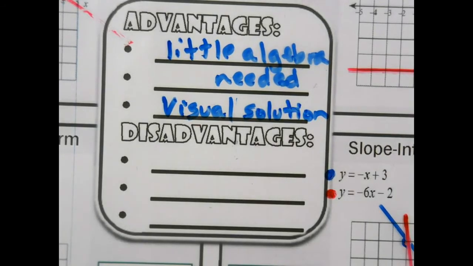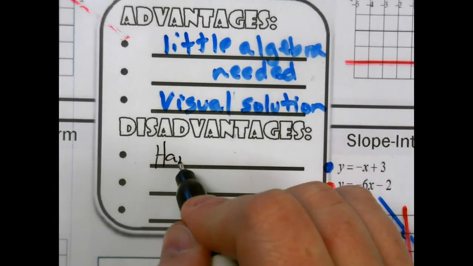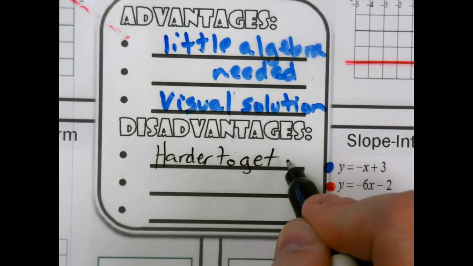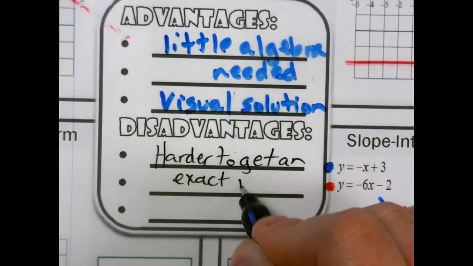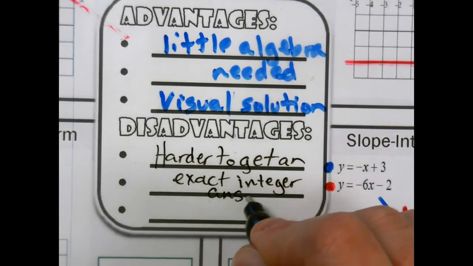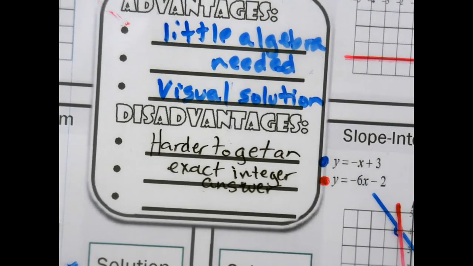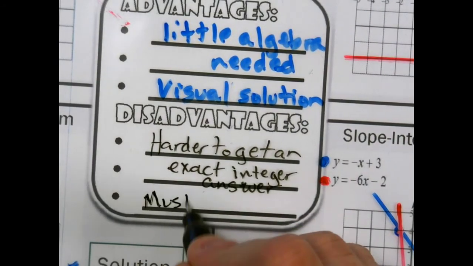Some disadvantages, however, are that sometimes it's harder to get an exact integer answer, if it doesn't end up exactly on a coordinate. You must be accurate in your drawing.